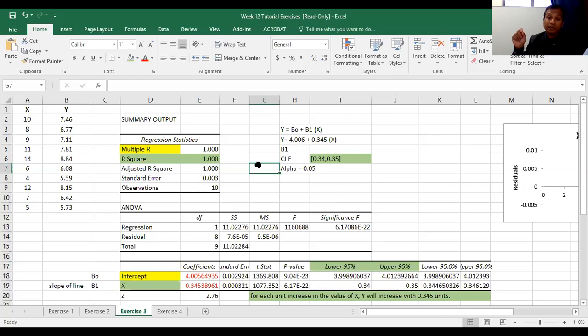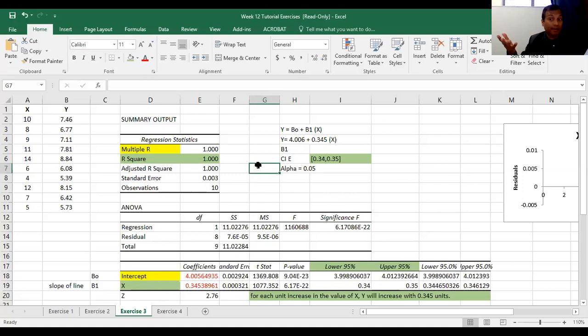As I said, the R square value gives you an indication of the percentage of variance explained by the explanatory variable. So the percentage of variance explained in Y by the explanatory variable X. How much is the percent?